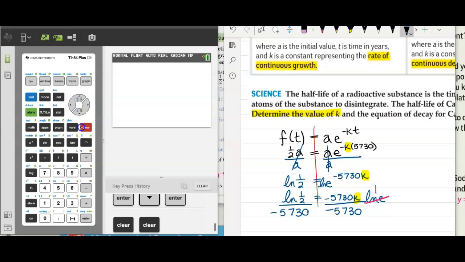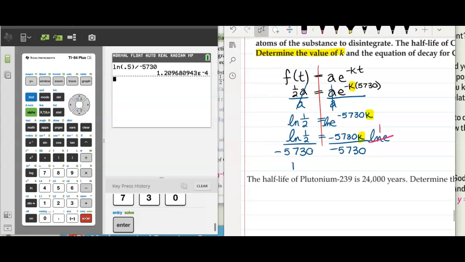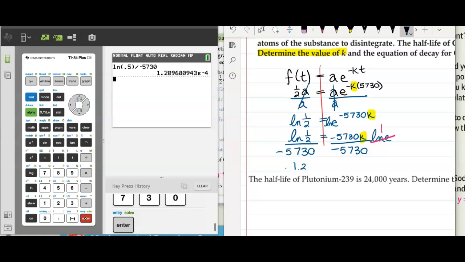Let's type this on our calculator. The natural log of 1/2, just going to use 0.5, divided by negative 5730. Now this is a very small number actually, because it's times 10 to the negative 4th. So 1.2097 times 10 to the negative 4th.